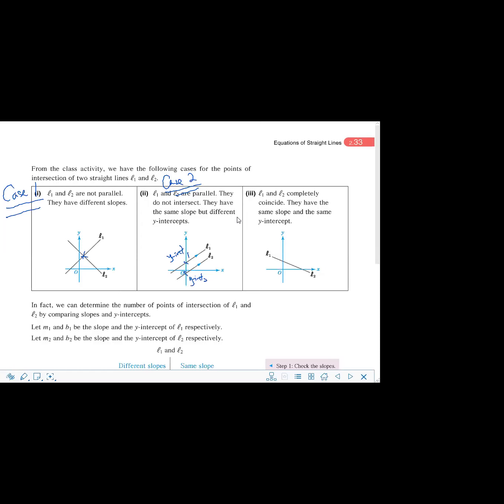They will go in the same direction forever and will not meet each other. The two lines do not have any intersection point.